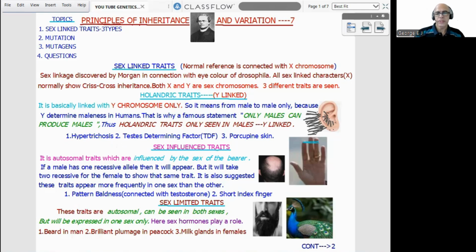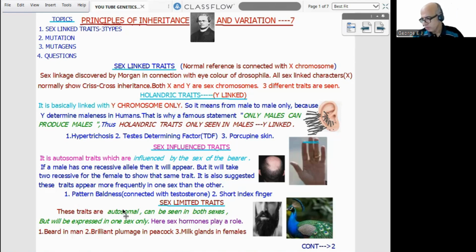Now comes the third one, sex limited trait. The term indicates limiting to a sex. These traits are again autosomal, can be seen in both sexes, but will be expressed in one sex only. Here also sex hormones play a role like the previous case.